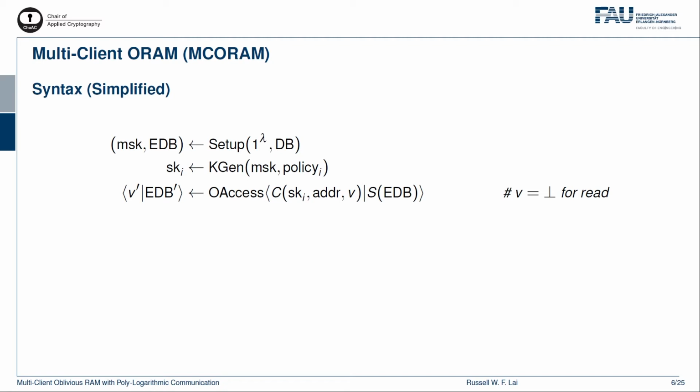For client I with access policy I, the data owner can run the key generation algorithm using his master secret key and produce a client secret key for client I. Using this secret key, client I can engage in the oblivious access protocol with the server, with the access instruction consisting of an address and a value v. Upon termination, client I should return a read value v prime while the server updates the encrypted database.